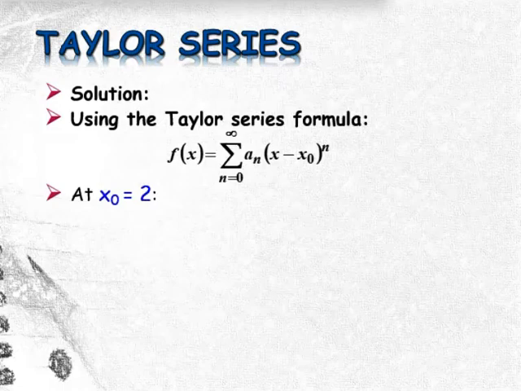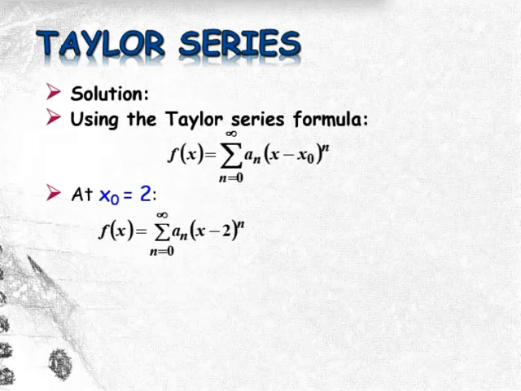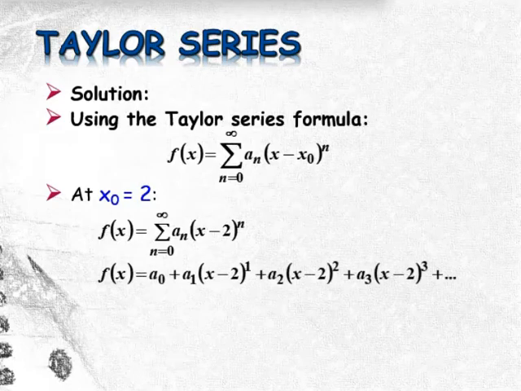At x sub 0 equals 2, we will end up with f of x equals the summation of a sub n times (x minus 2) raised to n from n equals 0 to infinity. In addition form, you will end up with a sub 0 plus a sub 1 times (x minus 2) raised to 1 plus a sub 2 times (x minus 2) raised to 2 plus a sub 3 times (x minus 2) raised to 3 and so on.